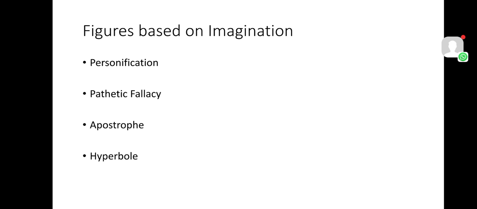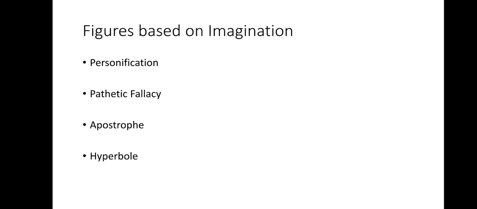We are not talking to India, or to some specific player, or to someone else, but we are making a passionate address. So this particular type of figure of speech is known as apostrophe.